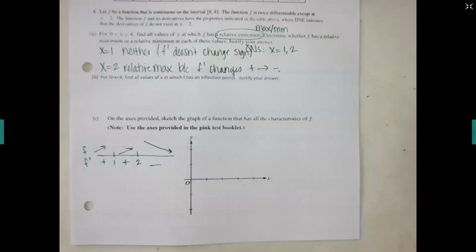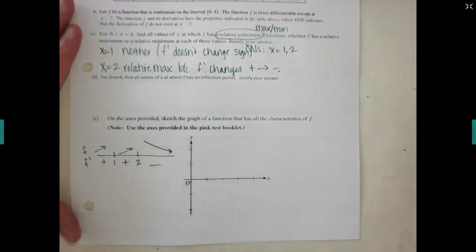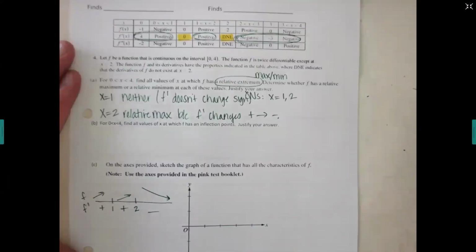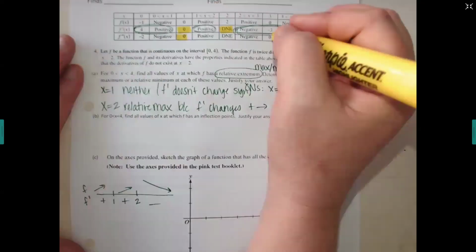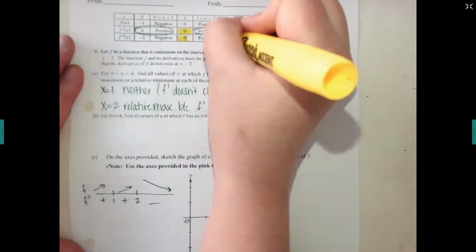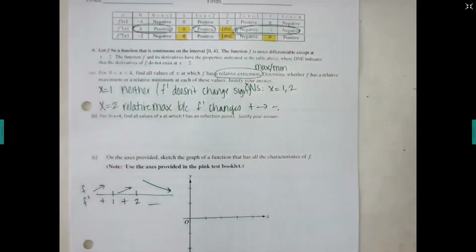Let's go on to part B. Now, which row am I looking at? Not F prime, but F double prime. And I see that I have a 0 here, here, and a DNE here. However, remember that they only count if there's a sign change.